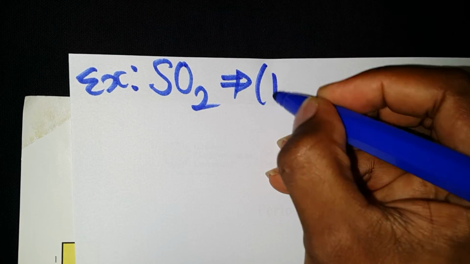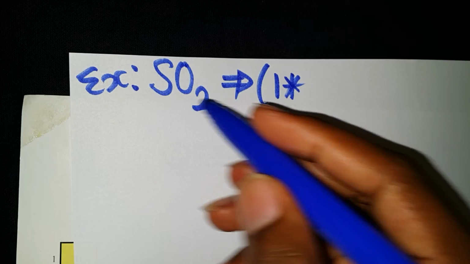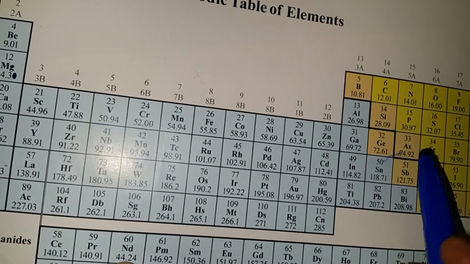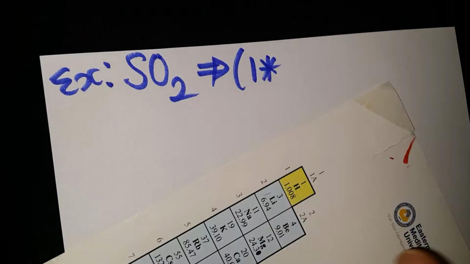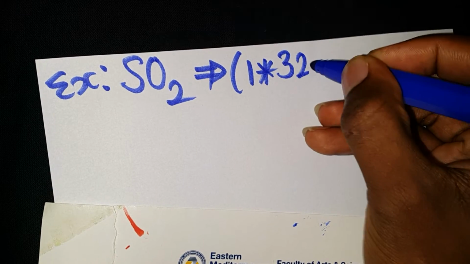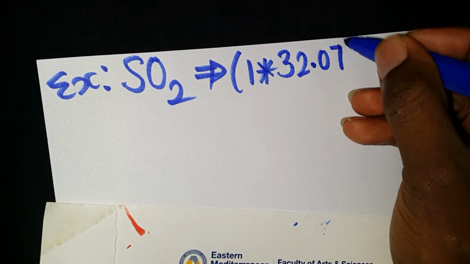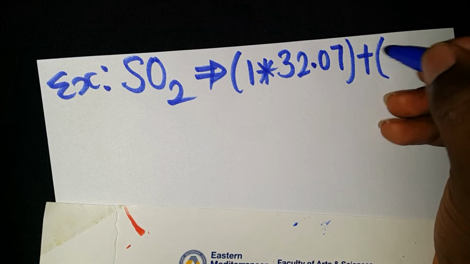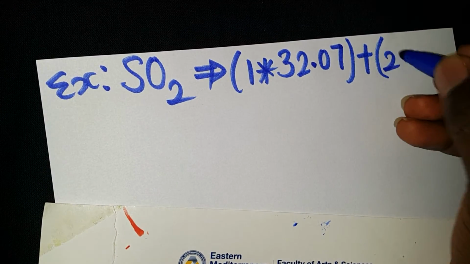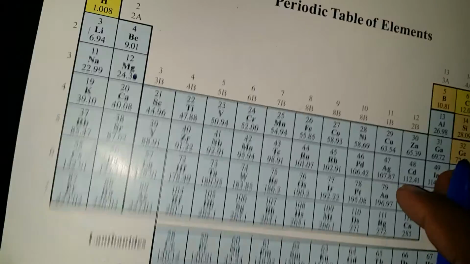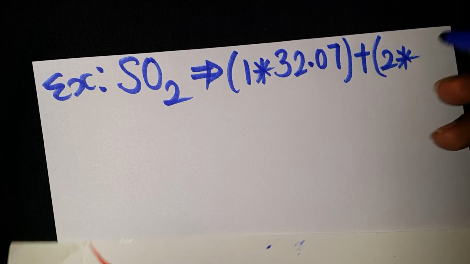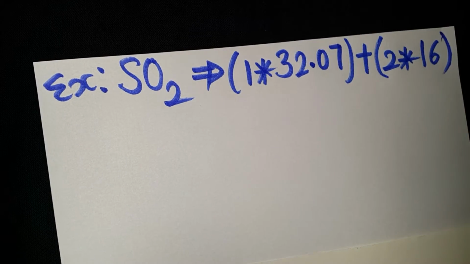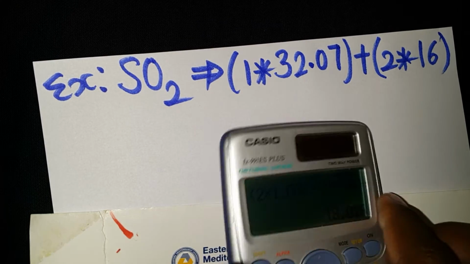So it will be 1 multiplied by, let's look for sulfur. This is sulfur here, 32.07, plus oxygen. We have 2 oxygens here. 2 multiplied by the atomic number of oxygen, 16. So let's bring out our calculator again.